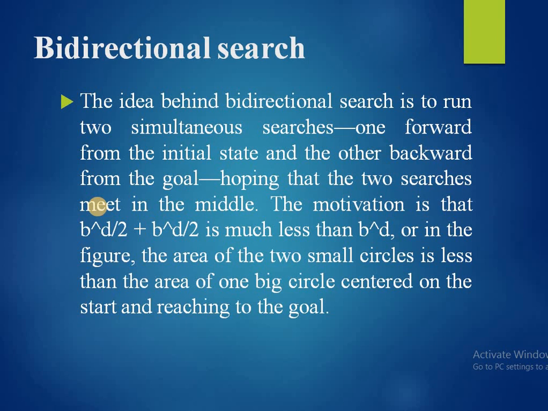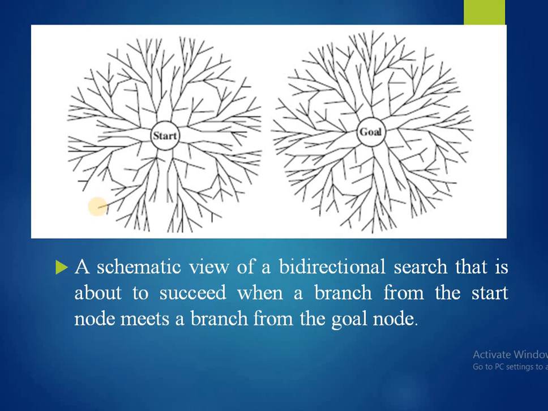Or in the figure in the next slide, the area of the two small circles is less than the area of one big circle centered on the start and reaching to the goal. This is nothing but the bidirectional search. A schematic view of a bidirectional search is about to succeed when the branch from the start node reaches the branch from the goal node.